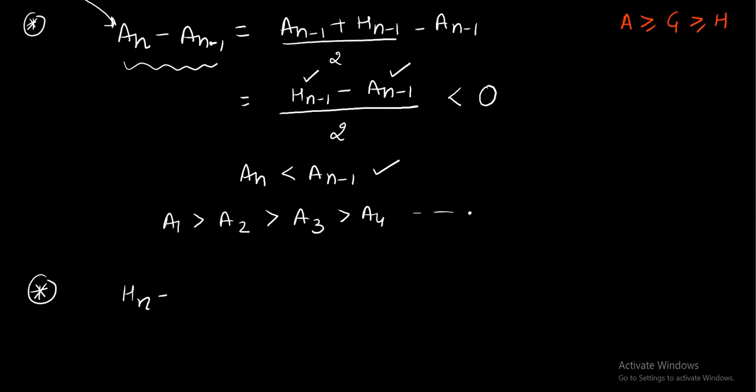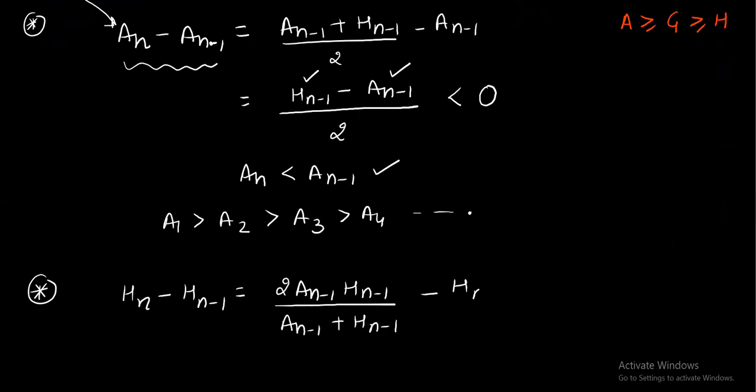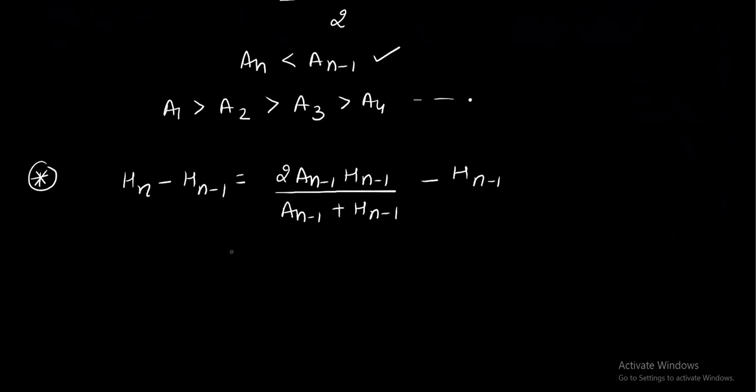Again, I started with hn minus 1. What is hn? So the hn value I'm keeping here, an minus 1, hn minus 1 upon an minus 1 plus hn minus 1 minus hn minus 1. Taking the LCM, the LCM is going to be an minus 1 plus hn minus 1.